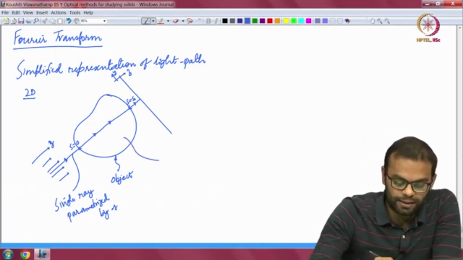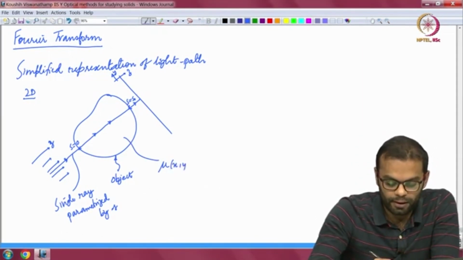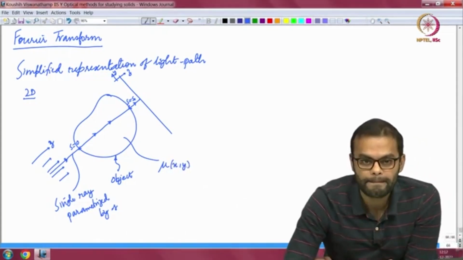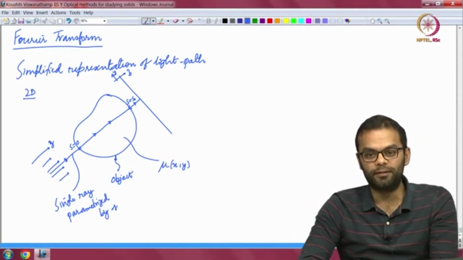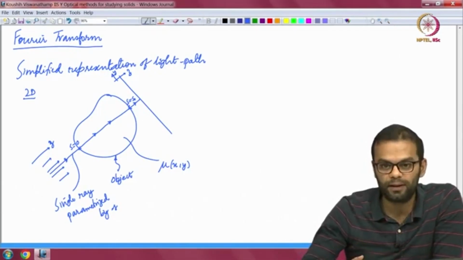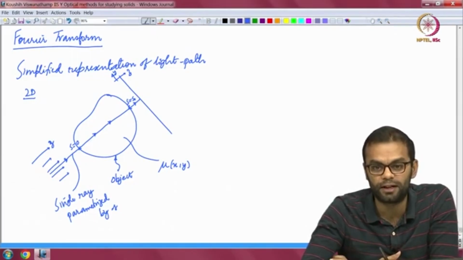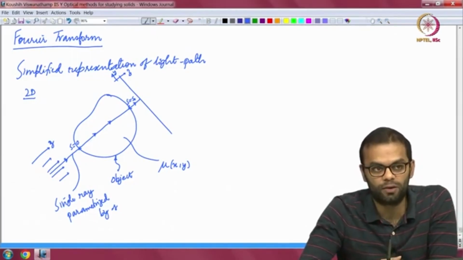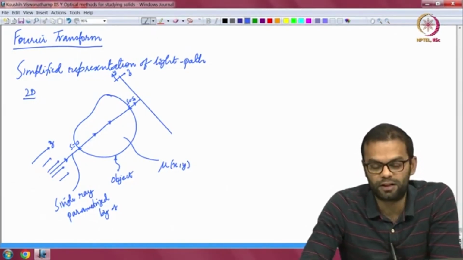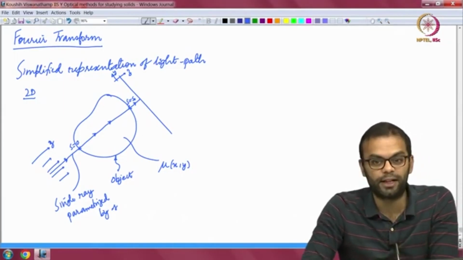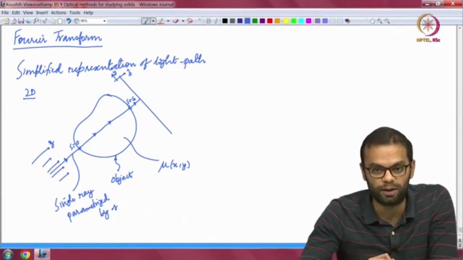Now let us assume that the material has some absorptivity called mu. This is a general property, right now we do not have to specify what physically mu corresponds to. It could correspond to X-ray absorptivity, it could correspond to density, it could correspond to various things depending on the context, we will talk about that in a minute.